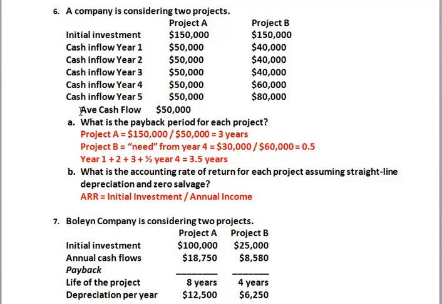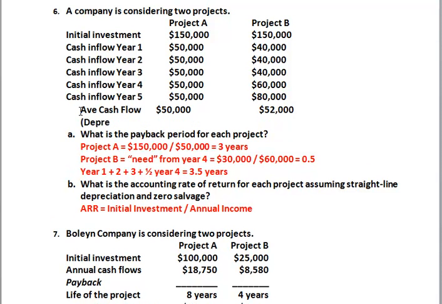So I've got 40,000 from year 1, 40,000 from year 2, 40,000 from year 3, 60,000 from year 4, 80,000 from year 5. So over 5 years, we're going to collect $260,000 of cash, divide that by 5, the number of years, and that's going to give you average annual cash, okay? So on average, we're collecting $52,000 a year.